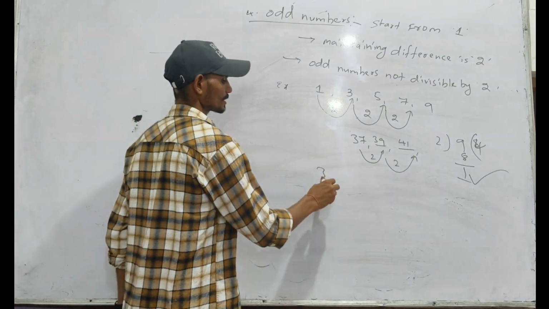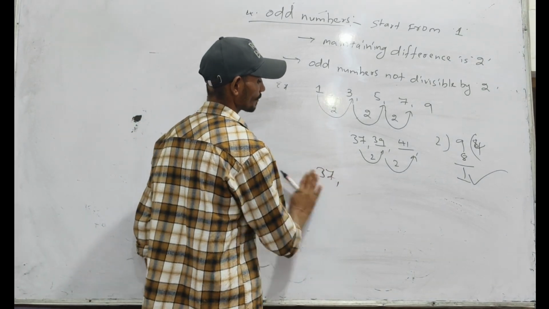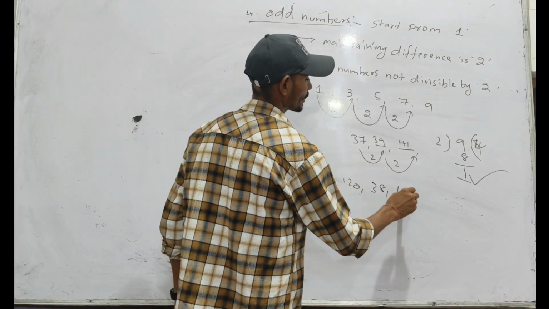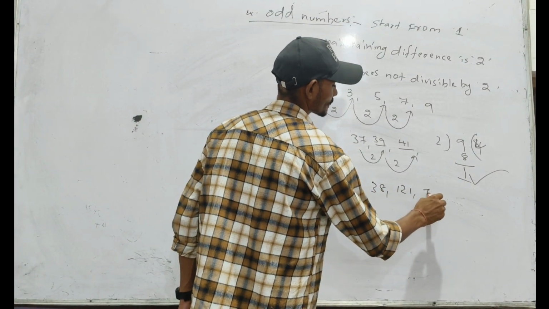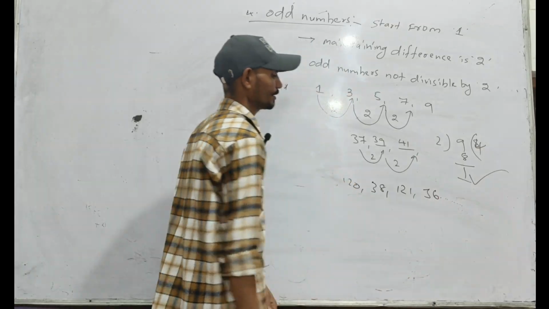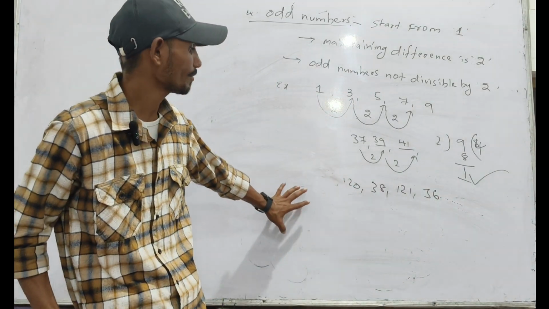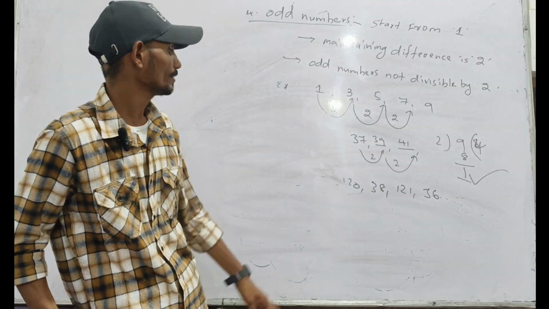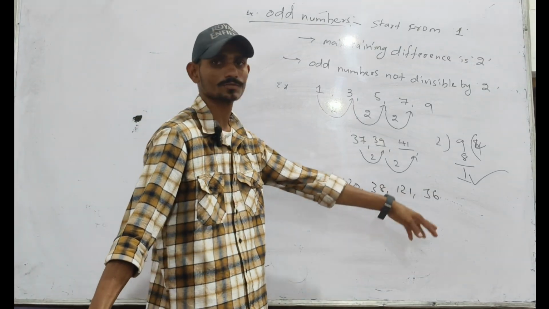Among the numbers 37, 120, next 38, next 121, next 36, which numbers are odd numbers? Then you can easily identify. You divide these numbers by 2.